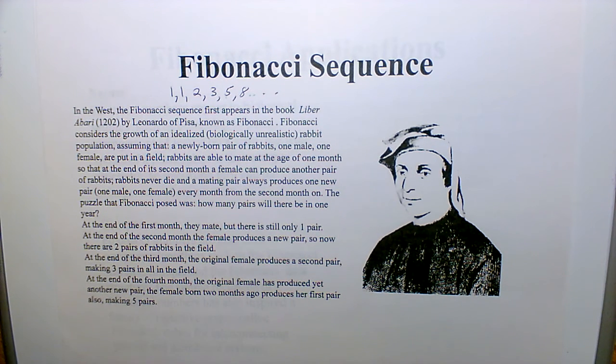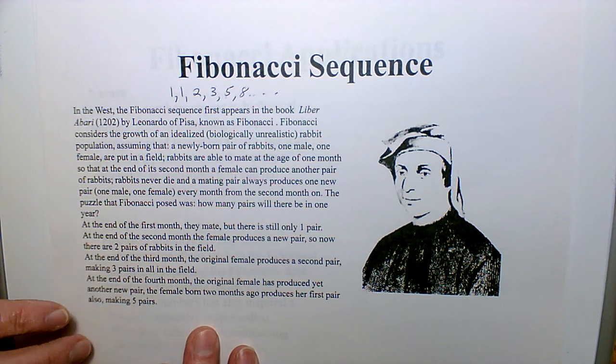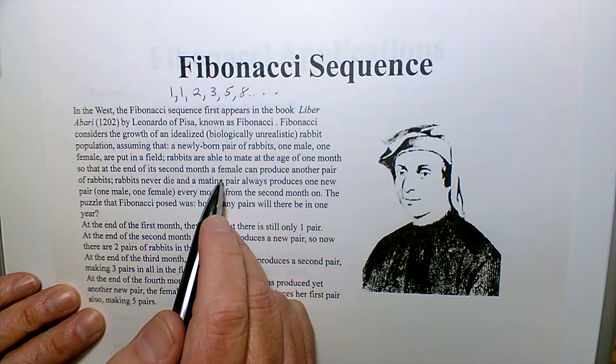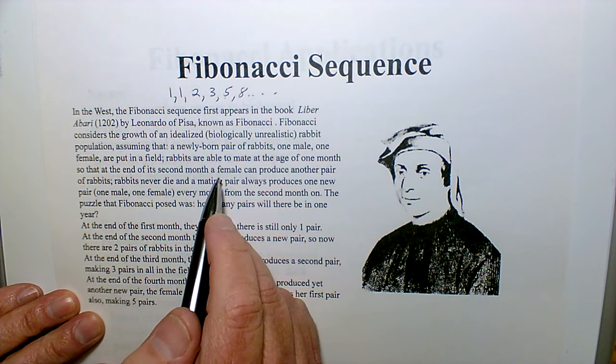Fibonacci is kind of the nickname or pen name for a mathematician called Leonardo of Pisa, and he described this in terms of rabbits reproducing.